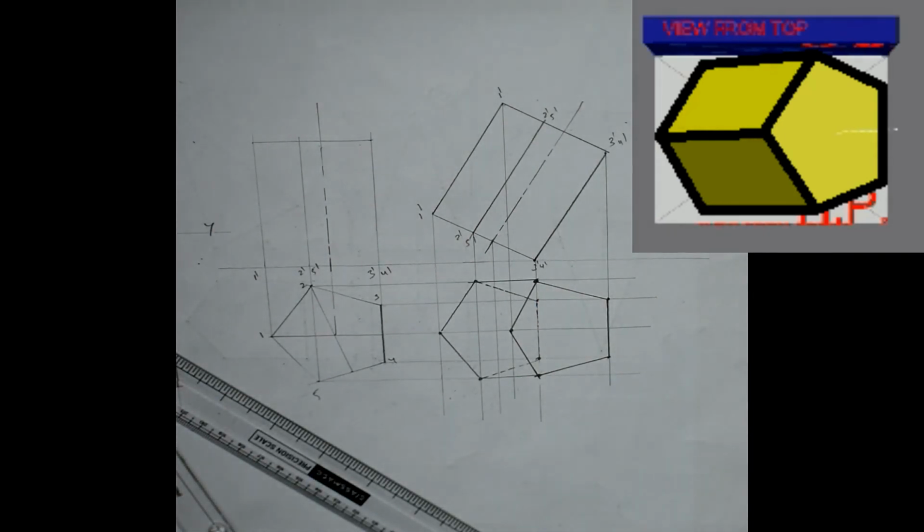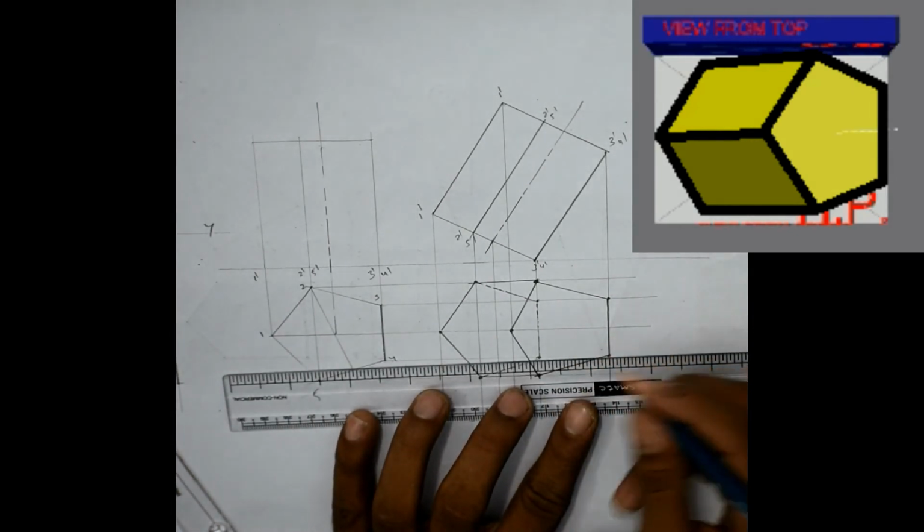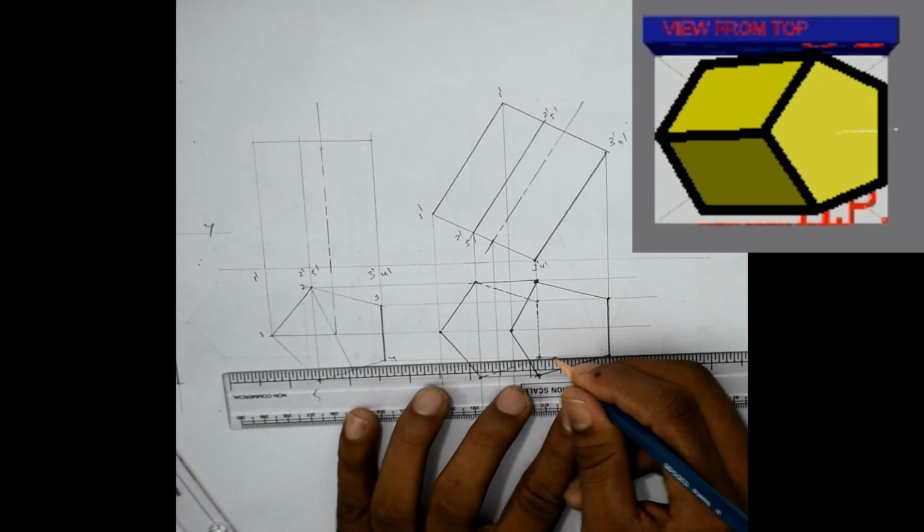So this completes our top view, and we can draw this also dotted because this is also not visible to us.